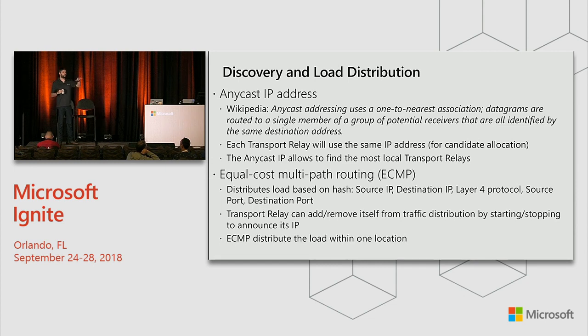We use that within the group of transport relays in each location to ensure that as soon as you're connecting to one, even though they can take loads and loads of data and handle loads of sessions, they will never get overloaded because they inform each other how busy they are. And if one of the transport relays is really busy at the location, the next one will pick up and they'll take themselves out of the equation, so they will no longer get new calls until they're freed up.